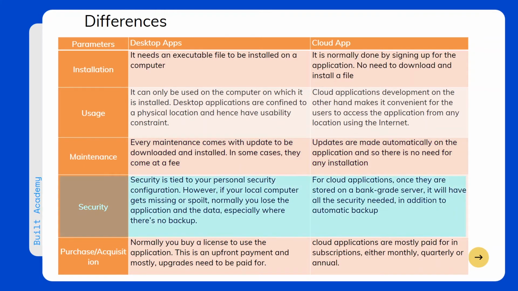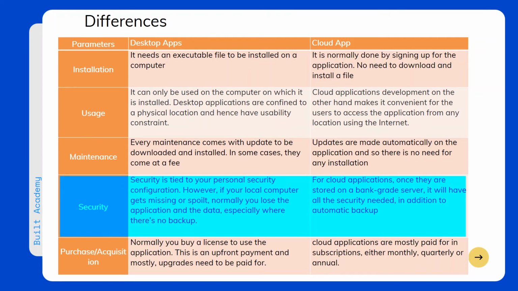With regards to security, security is tied to your personal security configuration when it comes to desktop applications. If your local computer gets missing or spoiled, normally you lose the application and the data, especially where there is no backup at all. But with cloud applications, once they are stored on a bank-grade server, they have all the security needed in addition to automatic backup.